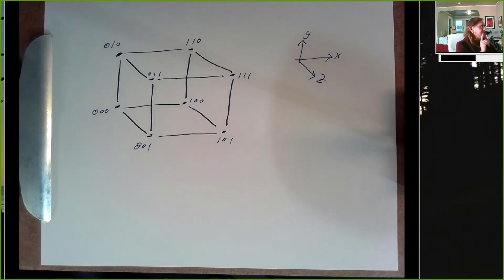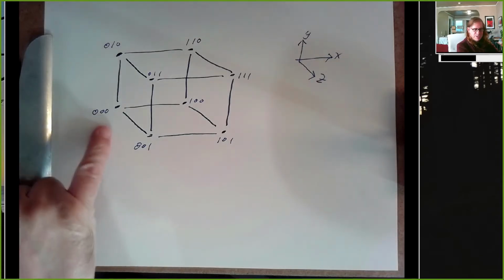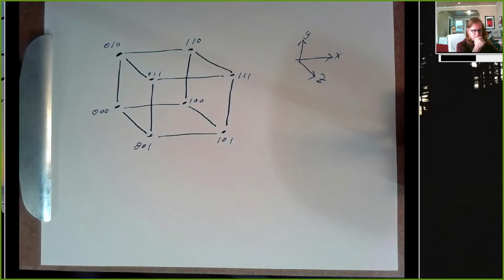All right, so is there a Hamilton path through this graph? All we have to do is visit each vertex, and so it's really not too hard. Yeah, there is. And let me show you an example.